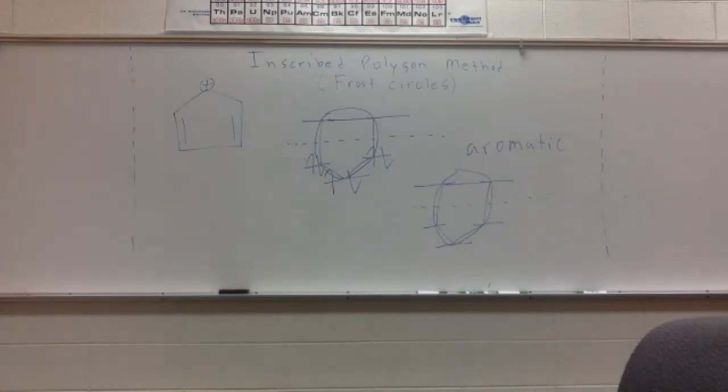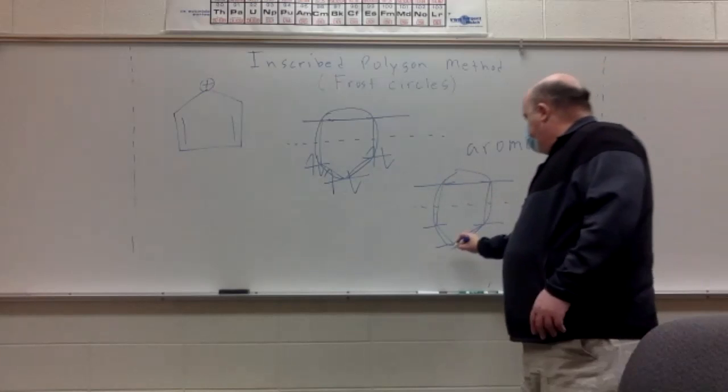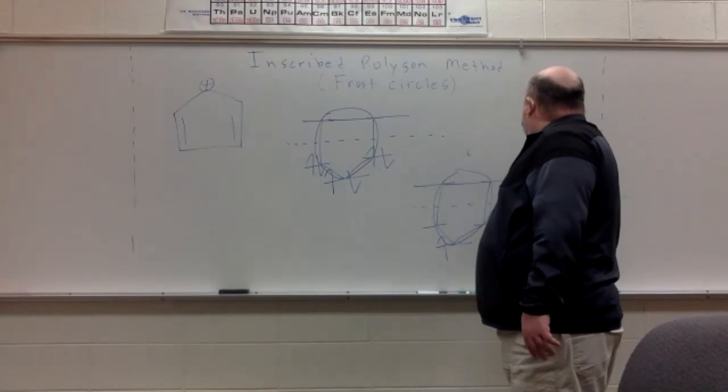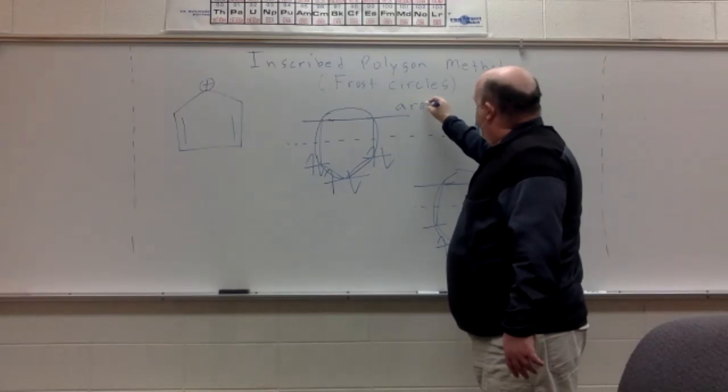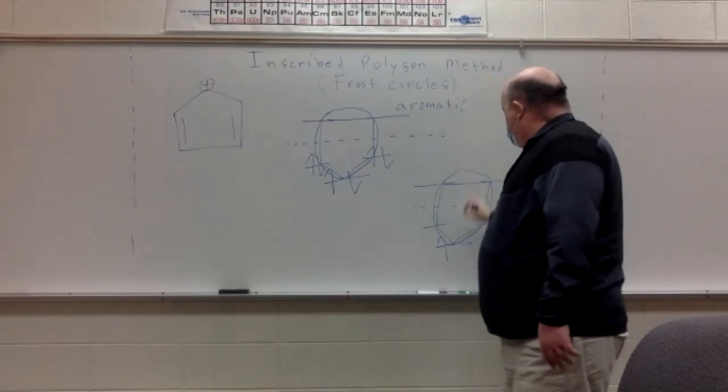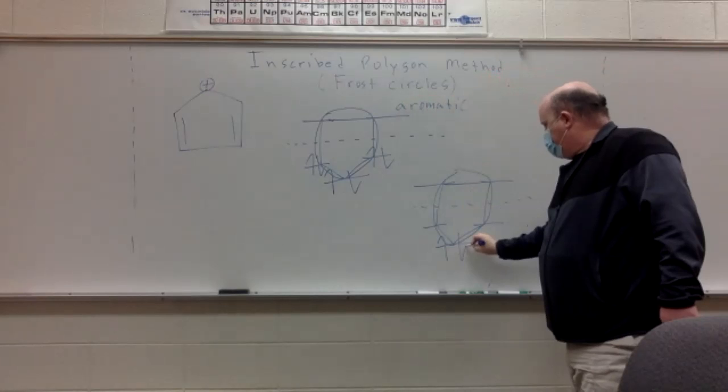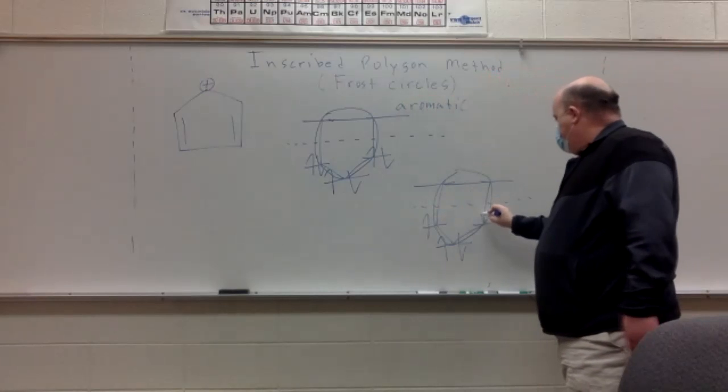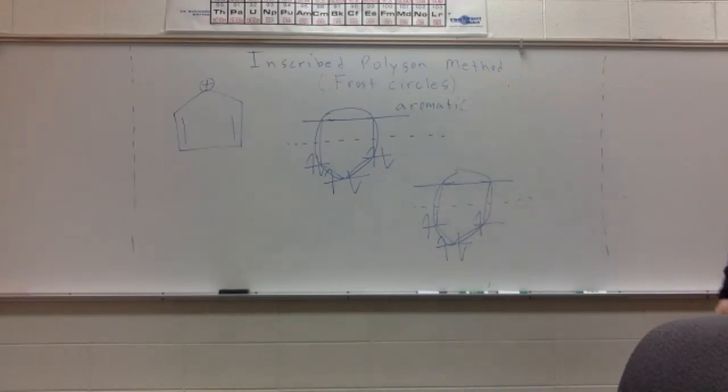In this case, we only have 4 electrons to place. So you go 1, 2, 3, 4. Now in this one our LUMOs are completely empty, but are our HOMOs completely filled? No.